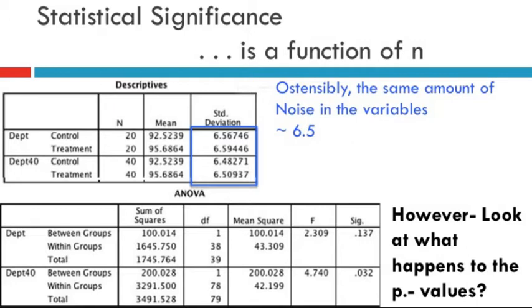When we have 40 subjects, we have a p-value of 0.032. In this situation, with 40, we would reject the null hypothesis and conclude that our hypothesis is correct. Of course, if we just had 20, we would fail to reject and conclude that our experiment is not working out. So this seems to not make intuitive sense, right?